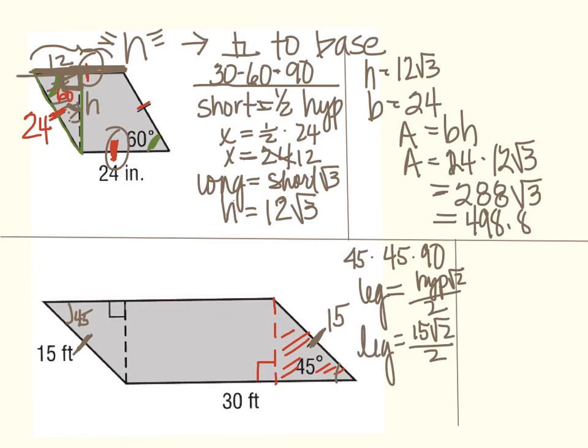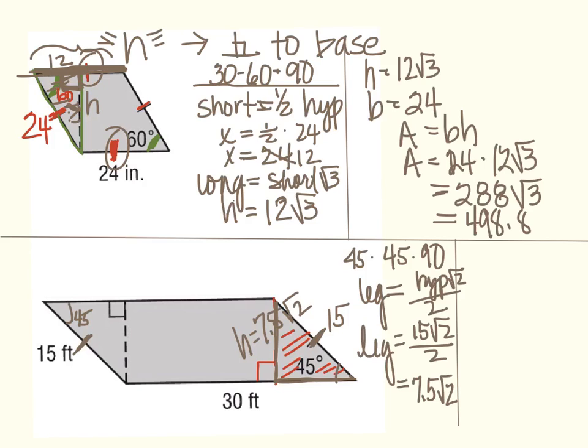That is not 2. It's the square root of 2. You cannot get it in your brain. So now 15 divided by 2 is 7.5 square roots of 2. Just leave it for a little bit. That is this leg, but it's also this leg, which is my height. 7.5 square roots of 2.